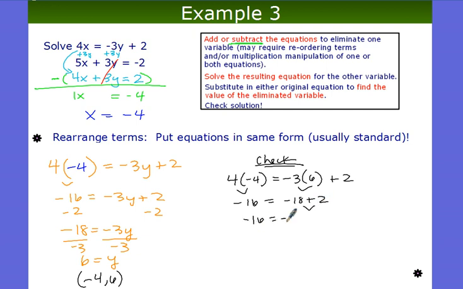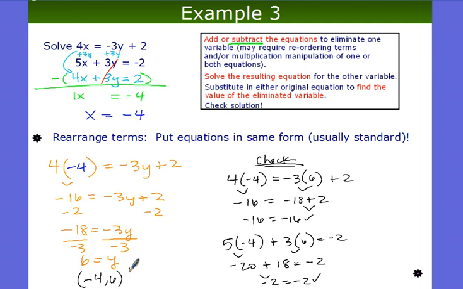I do my addition and get -16 equals -16, so that's a true statement. I also check the second equation: 5 times -4 plus 3 times 6 equals -2. Multiplication first, -20 plus 18 equals -2, and then addition, -2 equals -2. So my ordered pair is the solution.